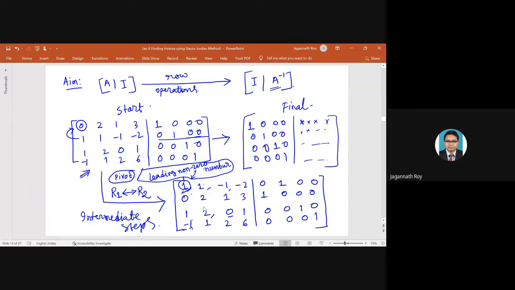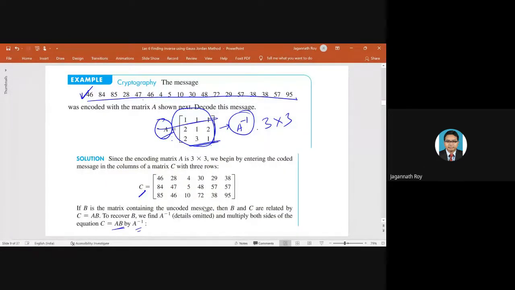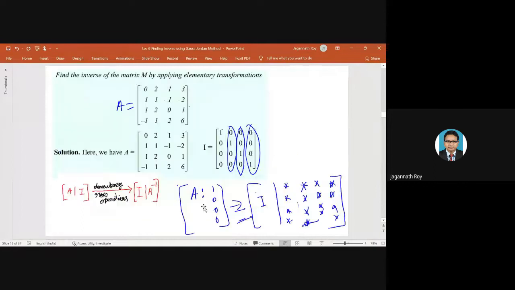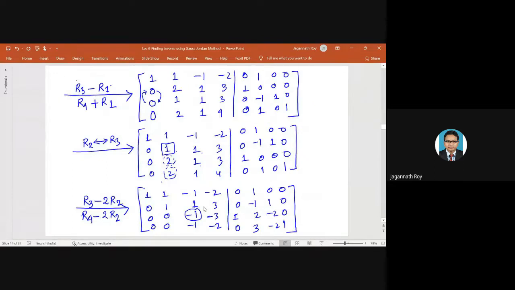Now, if you go back and check for each, if a higher order matrix is given instead of 3 by 3, and the message length is more than that, then also you can find out the message that is encoded within the matrix. So this is how we use the Gauss Jordan elimination to find out the inverse of a matrix.